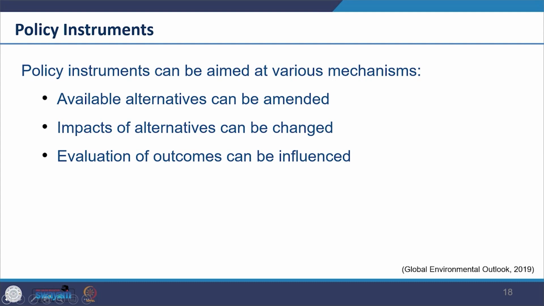Second, what alternatives are available to us at this moment, how their impact can change, and how the same process can be altered so that the impact is reduced. And the last one is how we evaluate the outcomes, and how that evaluation can be influenced. So majorly we see these three mechanisms employed.